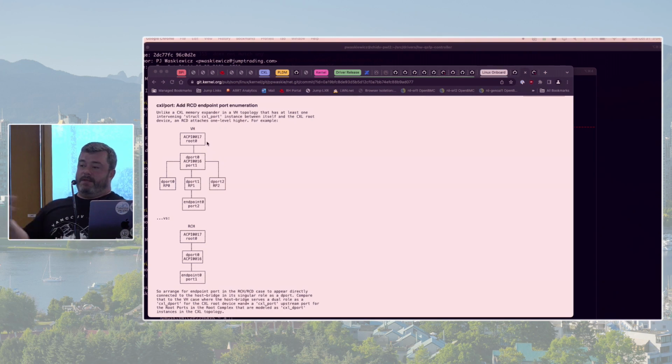This is something that the system BIOS and the CPU should be exporting as part of the firmware initialization before the kernel boots, as part of the ACPI handoff. All of these things, like these D ports, are part of the CXL hierarchy, and then the endpoint would be like your .mem device. So it starts at this ACPI 0017 table, which is fine.